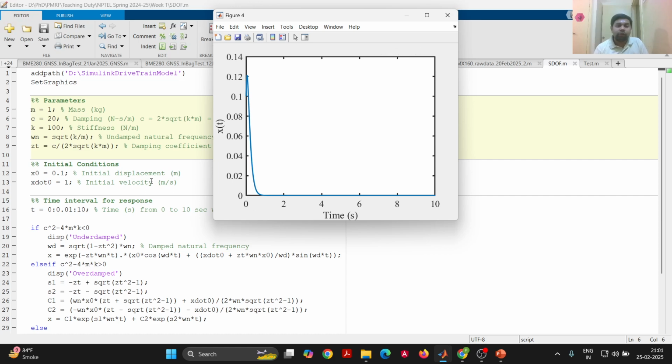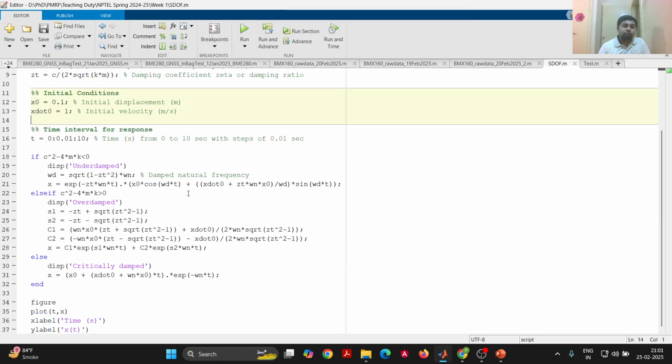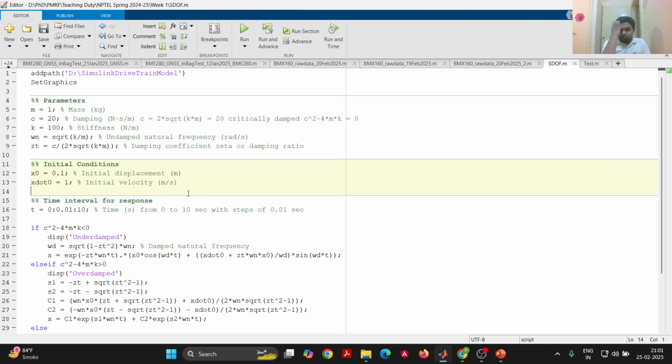So this is how you can use MATLAB to analyze the behavior of the system. In this case, we had the analytical solution. You can also use MATLAB to get the system response where we do not have an exact analytical solution for the differential equation. We'll look at those kinds of cases subsequently as we go through the course.